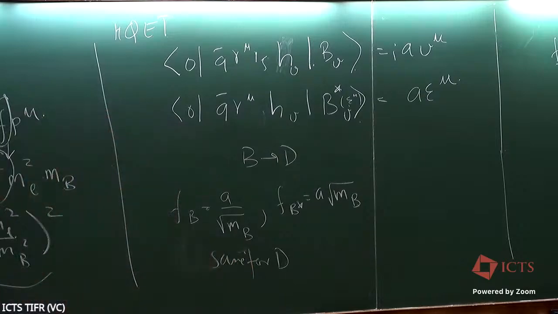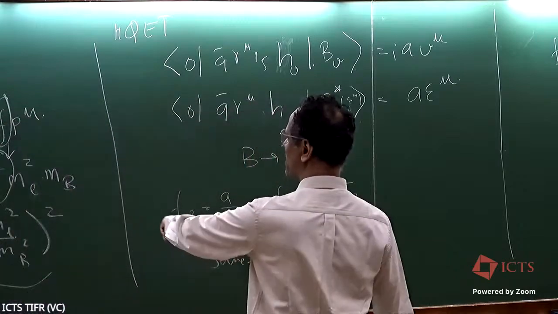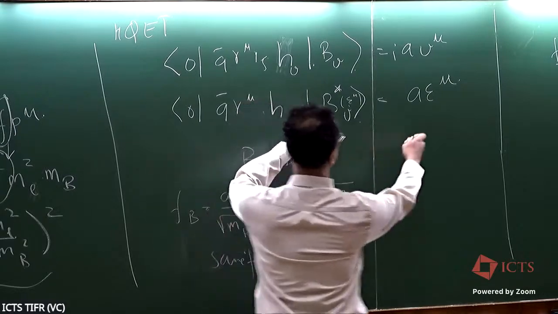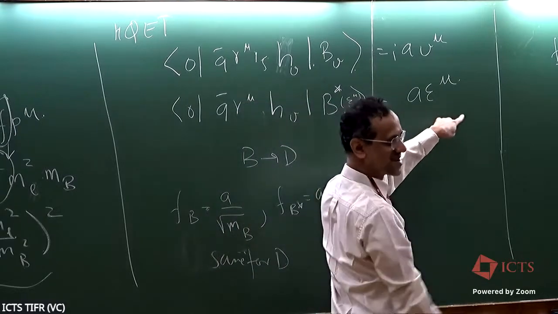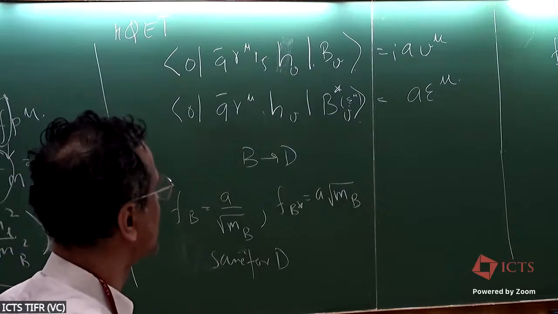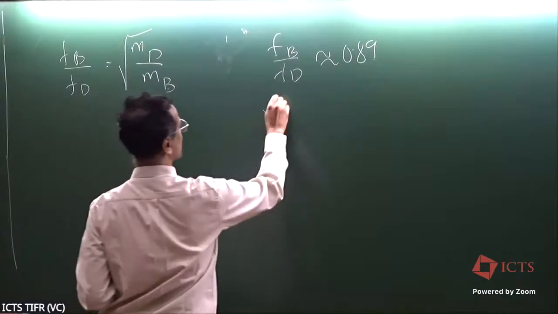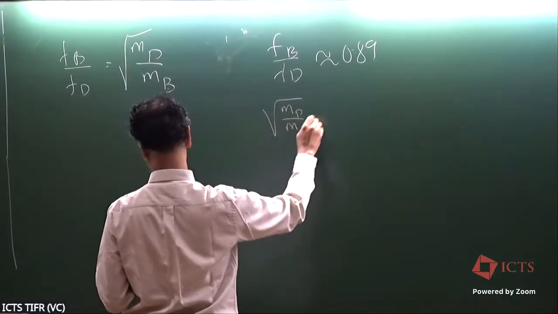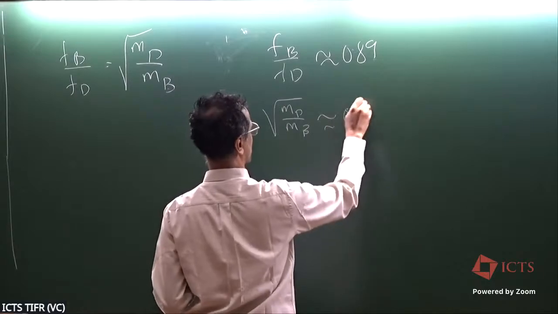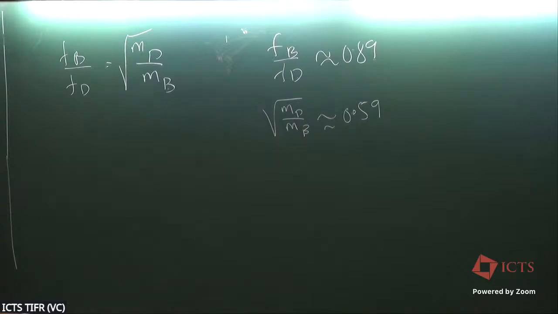But what is the definition of FB star? FB star will be defined by this quantity. Can you say that these two have a relationship? Exactly, yeah, that's exactly it. And if you look at root MD by MB, this turns out to be 0. So not quite that great.